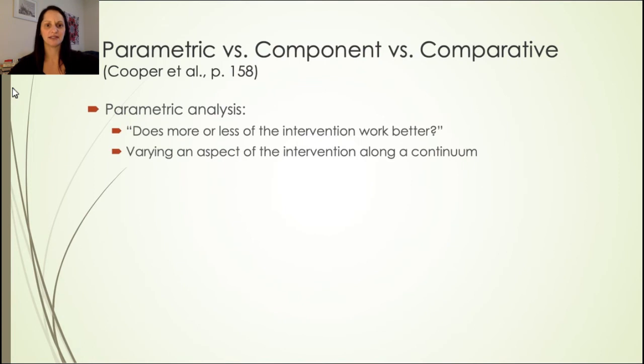So on the task list, they state to be able to differentiate between these 3 types of analyses: parametric, component, and comparative, because they share similarities, but they are different, and you use them for different reasons. And so it's really important not only to be able to describe each in isolation, but then to be able to compare and contrast them across different types.